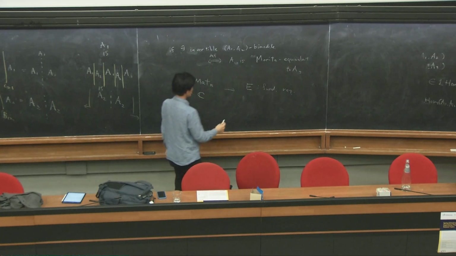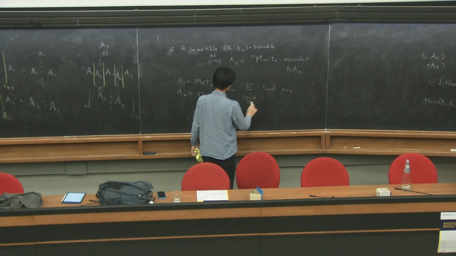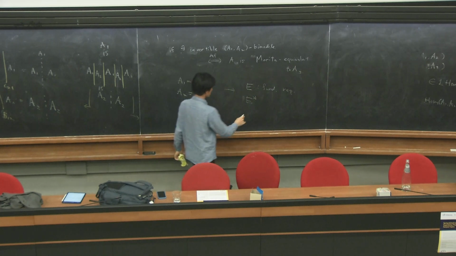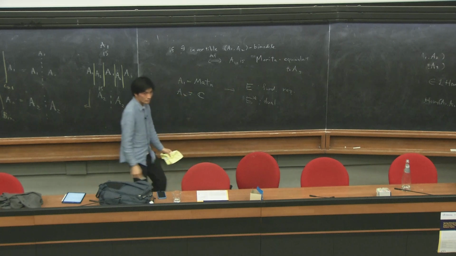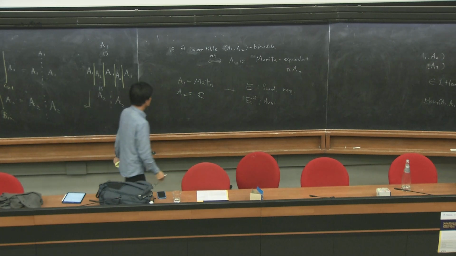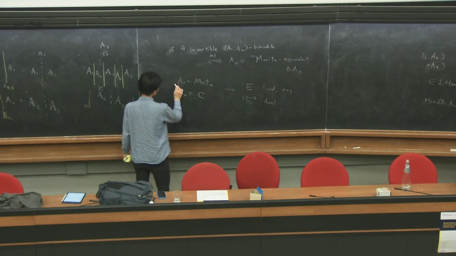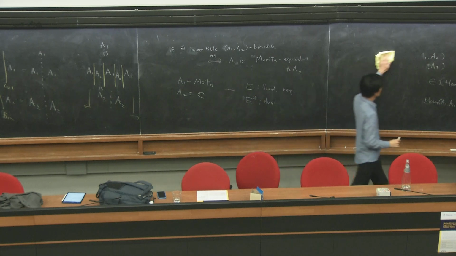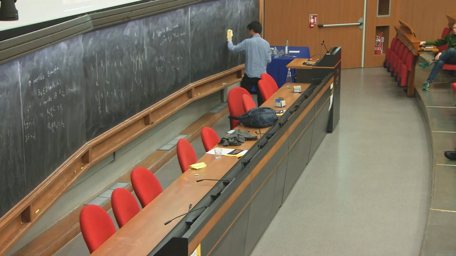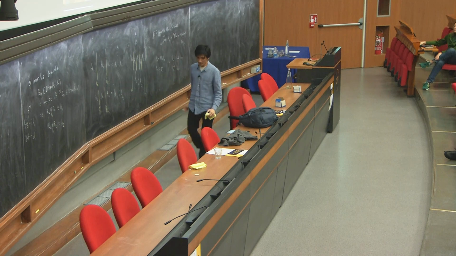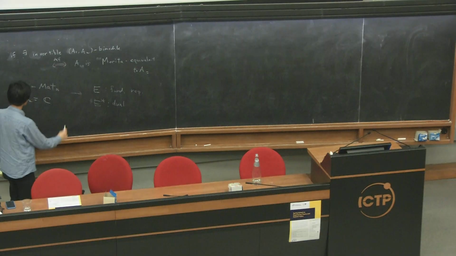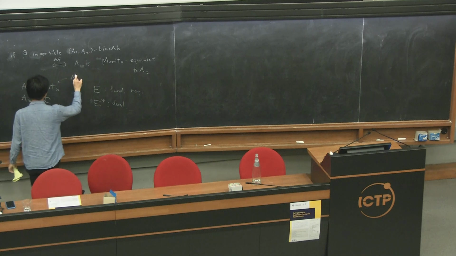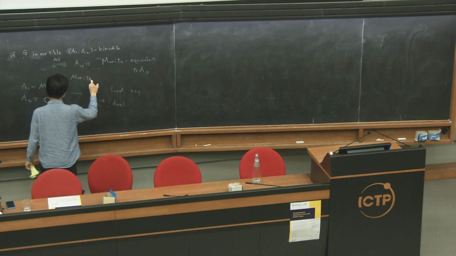And then there's also E star, the row vectors. This is the dual. These are the invertible bimodules. So the matrix algebra is Morita equivalent to the trivial algebra. Or in short, the matrix algebra is Morita trivial.